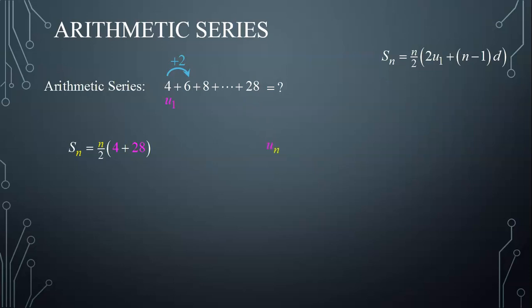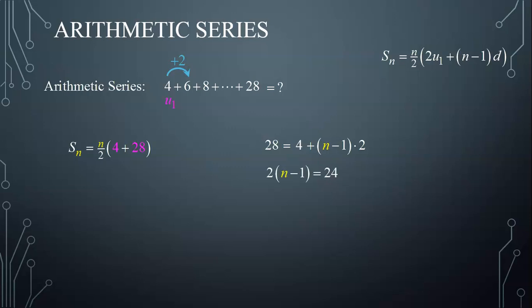So using the general term of an arithmetic sequence, un equals u1 plus (n minus 1) d, I first replace u1, d, and un, the last term, by their corresponding values. The only unknown I have left here is n, so I solve for n.